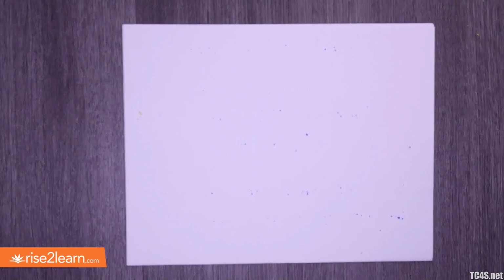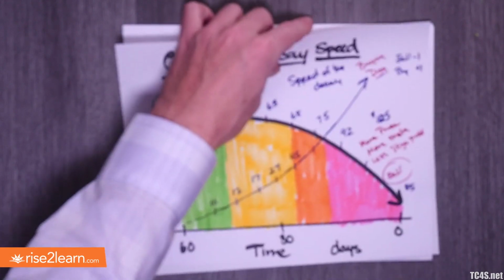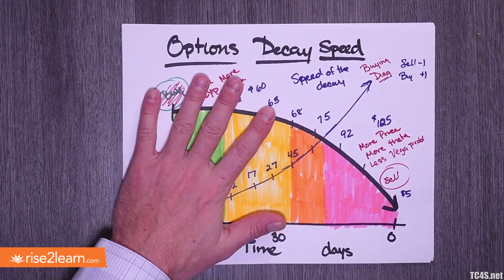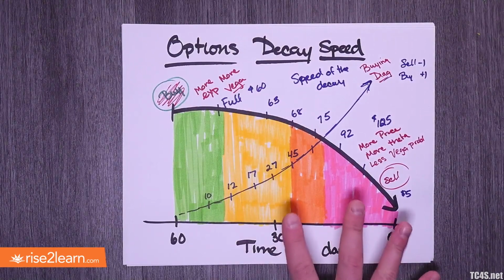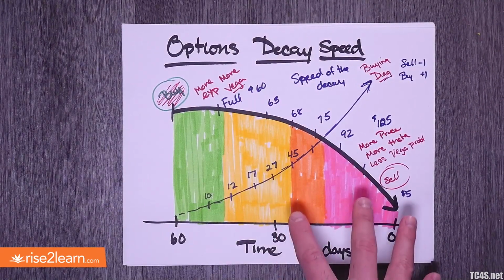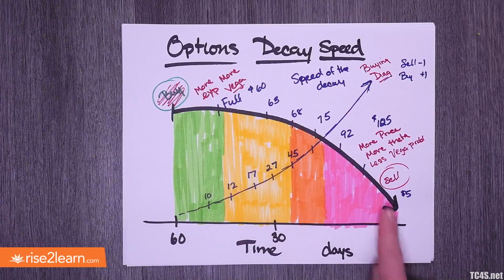As we go back and start reevaluating some of these things, let me show you a couple of these review concepts. Let's go back and check out the options decay speed. This is ultimately the huge part behind our options money-making strategy and system: options decay.